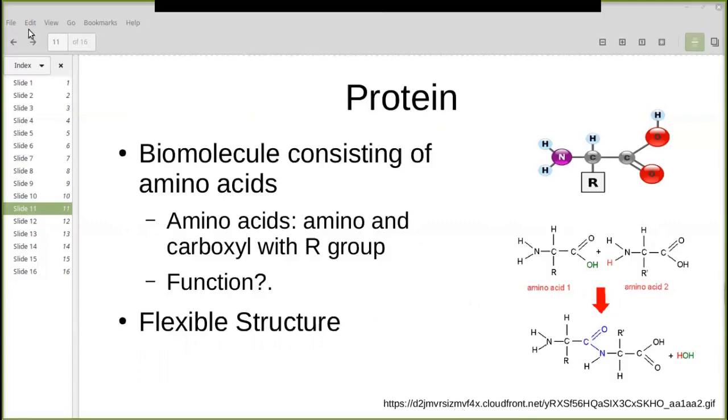Can anybody tell me what the functionality of a protein would be? What is its purpose? Marlene, what do you think would be one of the purposes for protein? What could it do? Do you have any ideas, Marlene?